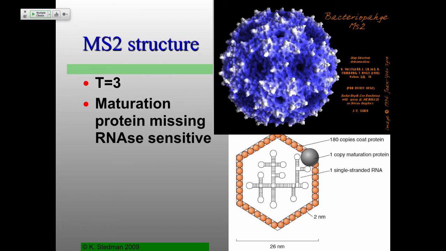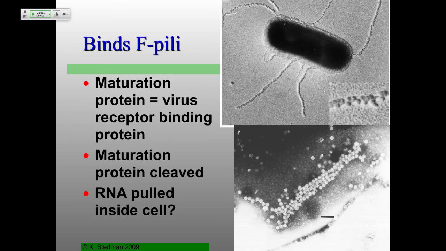T equals 3, not quite a completely nice quasi-equivalent icosahedrally symmetric structure, because the maturation protein actually is sitting in this structure. Up at the top here, maybe let's get our pointer out. Go back one here.